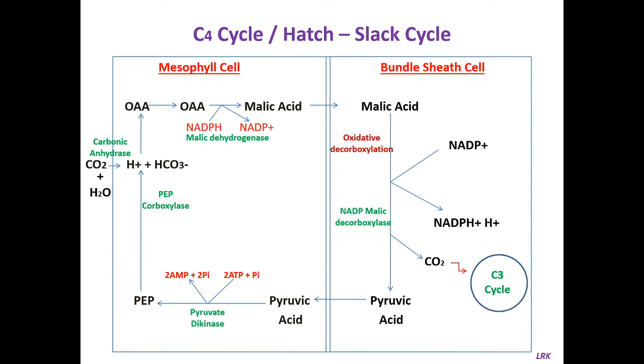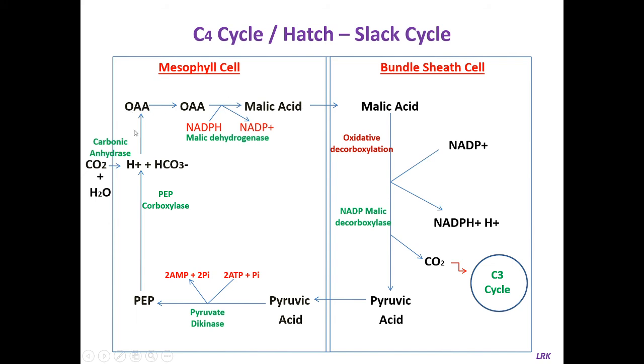The oxaloacetate is readily converted into malic acid or aspartic acid depending upon the species. So this oxaloacetic acid undergoes reduction in the presence of NADPH and the enzyme malic dehydrogenase, and malic acid formation takes place. This malic acid enters into bundle sheath cells.